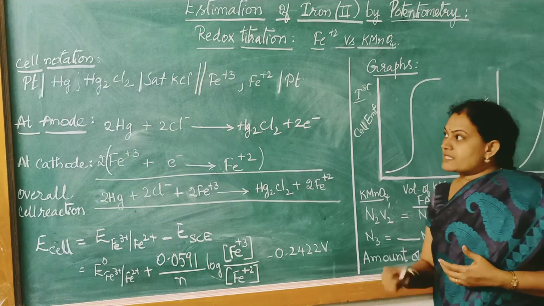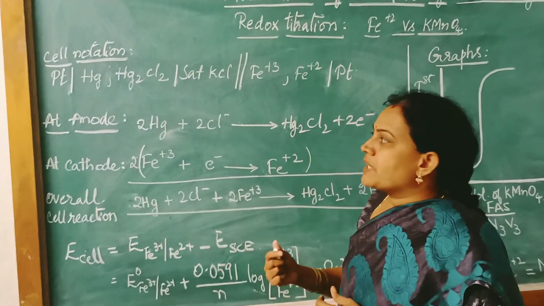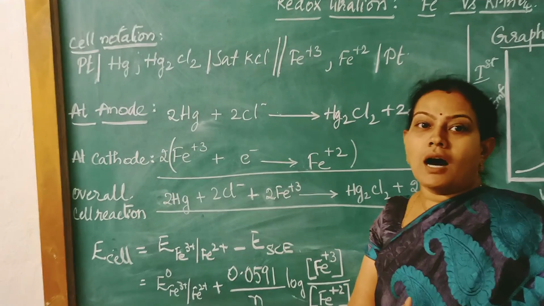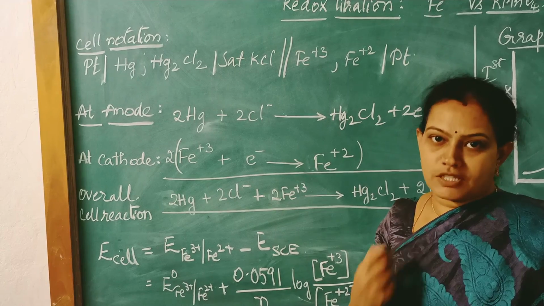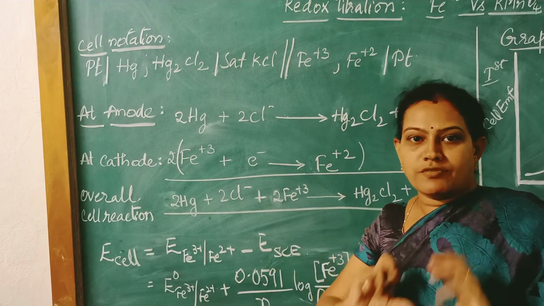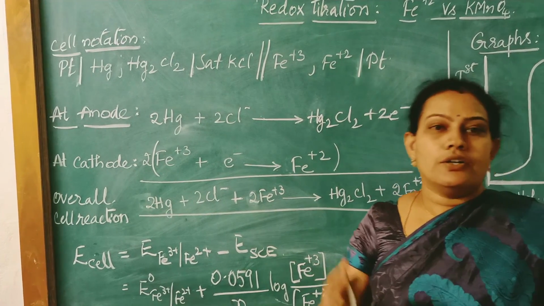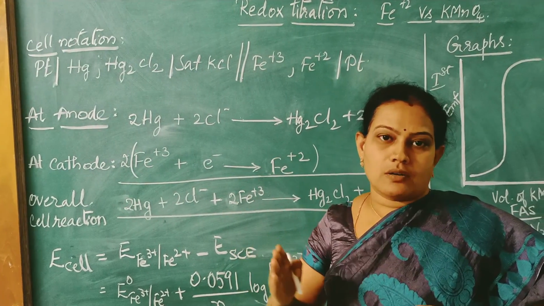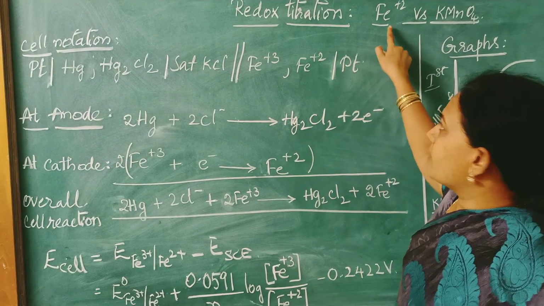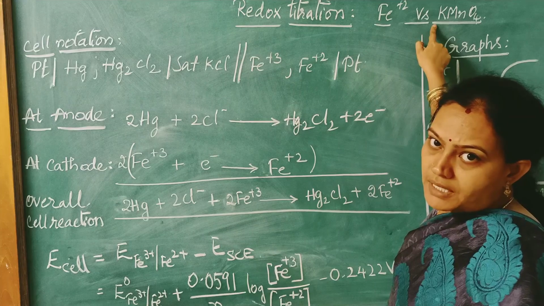Okay, so let's start with the principle involved in this particular reaction. In order to find out the amount of ferrous present in the given solution, we'll find the EMF values of the cell during the redox titration between the ferrous ions and the added potassium permanganate.